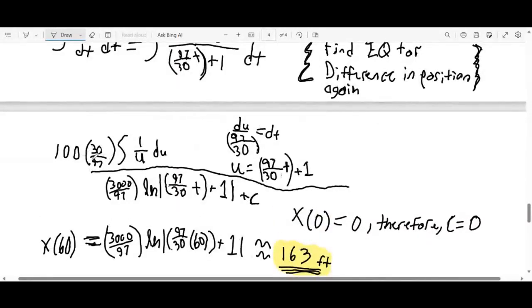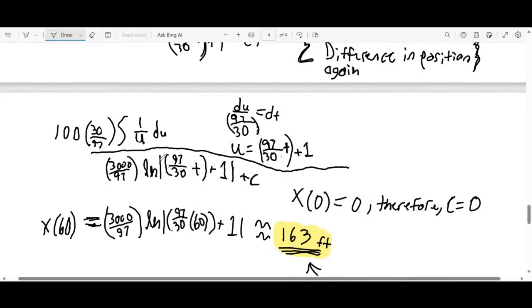So you have basically 100 times 30, that's 3000, over 97 as we go down right here. And 1 over u is just ln with the u placed back inside. And then we pick up a constant plus c. What does that c equal?